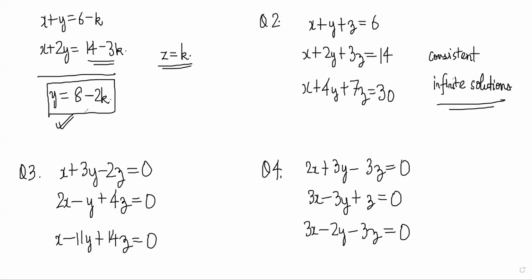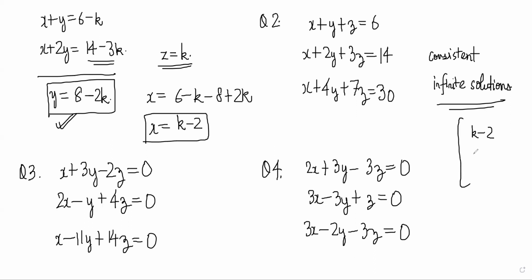So y is 8 minus 2K, so x will be 6 minus K minus 8 plus 2K. So x will be K minus 2. So any solution of the form K minus 2, 8 minus 2K, and K will fit the equation, where K is a real number, anything.